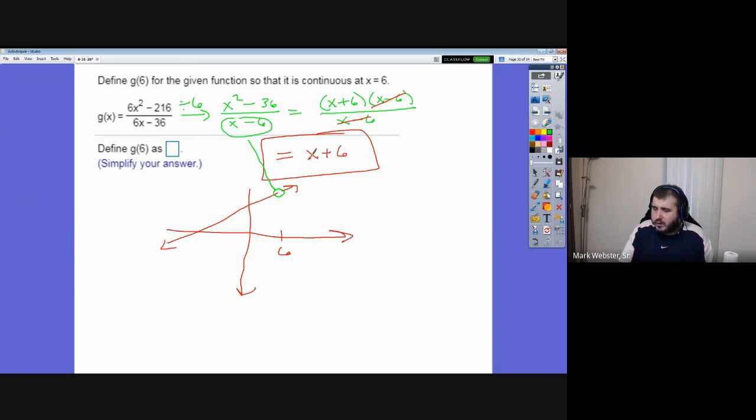But now if we were to use this function, x plus 6, I plug in 6, I don't get no solution, right? 6 plus 6 is in fact 12, right? And that's what we're trying to say.